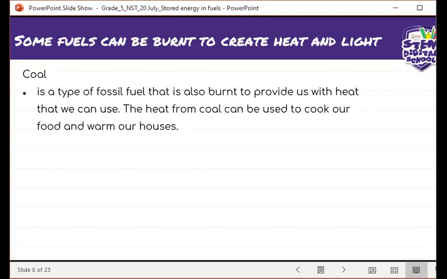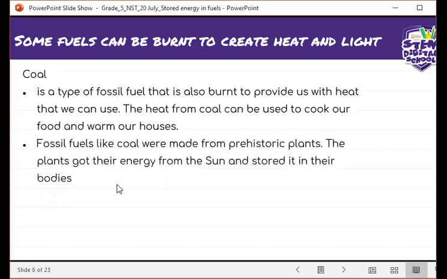The heat from coal can be used to cook our food as well as warm our houses. Then fossil fuels like coal were made from prehistoric plants. So very important to know that coal is made from prehistoric plants. The plants got their energy from the sun and stored it in their bodies.